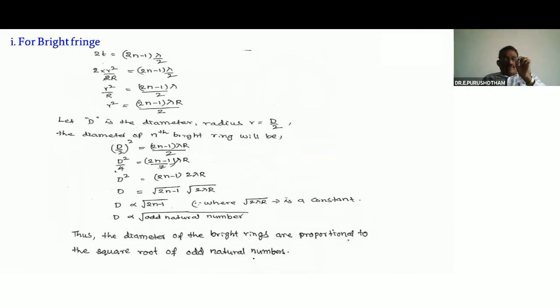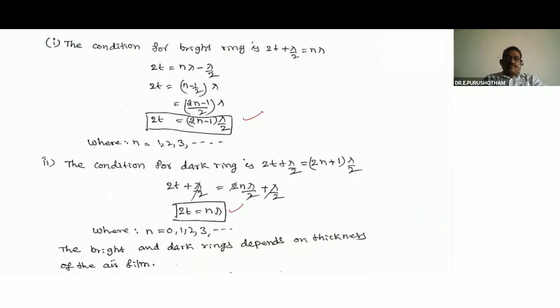This is for the bright fringe or bright ring. We calculated before that 2t is equal to (2n minus 1) lambda by 2 for a bright ring, and 2t is equal to n lambda for a dark ring.